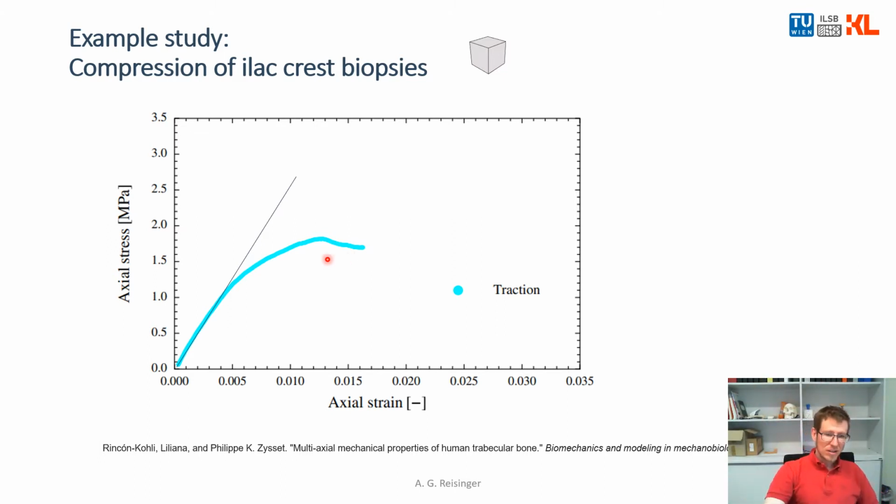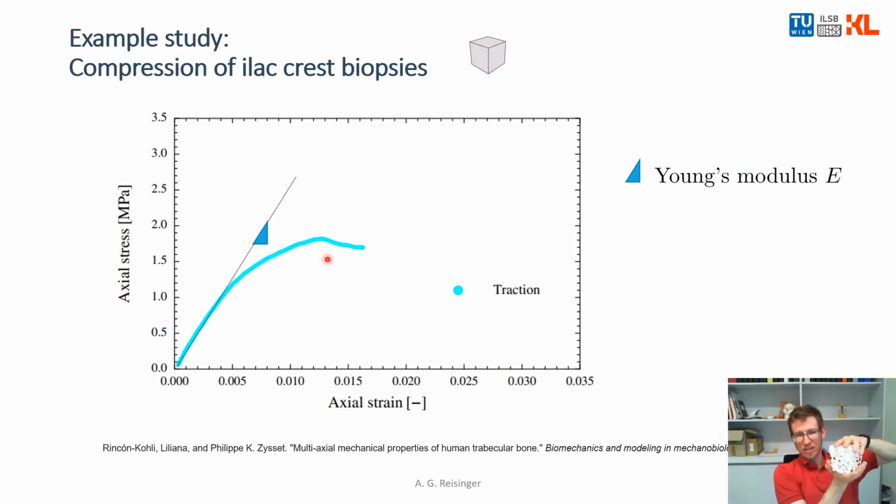Okay, so what can we now extract out of this experiment? We can get the Young's modulus of that sample in that particular direction. So remember, if the material is orthotropic, you would need to do 3 tests. And in this case, this was the Young's modulus of the selected direction of the sample. And that's the slope of that regression line that is fitted to the linear elastic region of the curve.